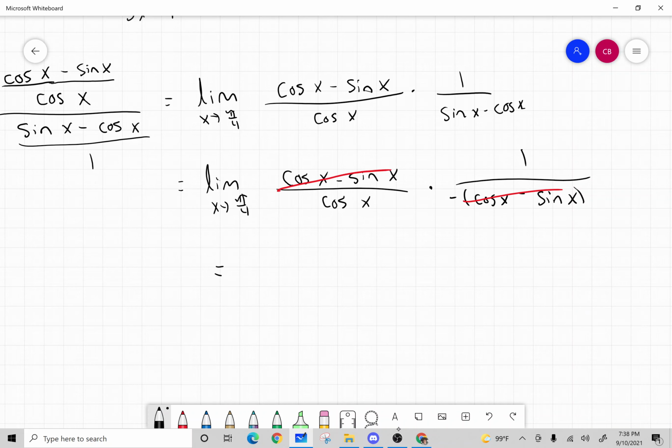And so now we have the limit as x approaches pi over 4 of, this is a 1 now, this is a 1, negative 1, so negative 1 over cos x. Okay, and then we can actually evaluate this now. Cos of pi over 4 is equal to the square root of 2 over 2. And so this is going to be negative 1 over square root of 2 over 2.